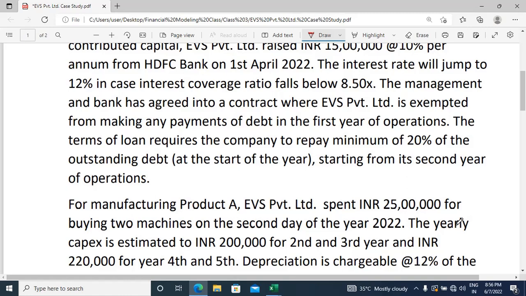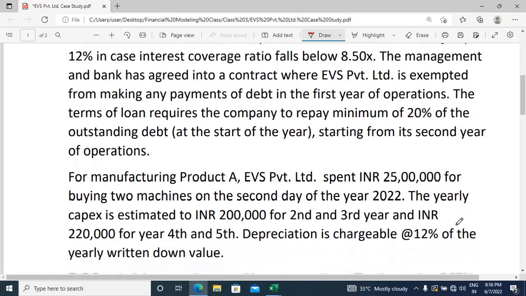The yearly capex is estimated to be rupees 2 lakh for second year and third year, and rupees 2,20,000 for the 4th and 5th year. So in the first year they have purchased this machinery for rupees 25 lakh. In the second year they are going to make a capex, that is capital expenditure, of 2 lakh.